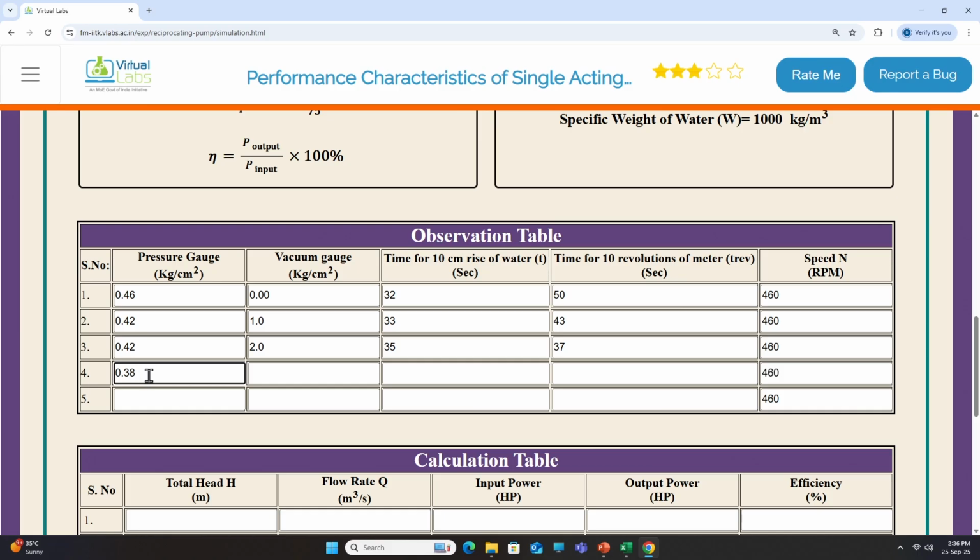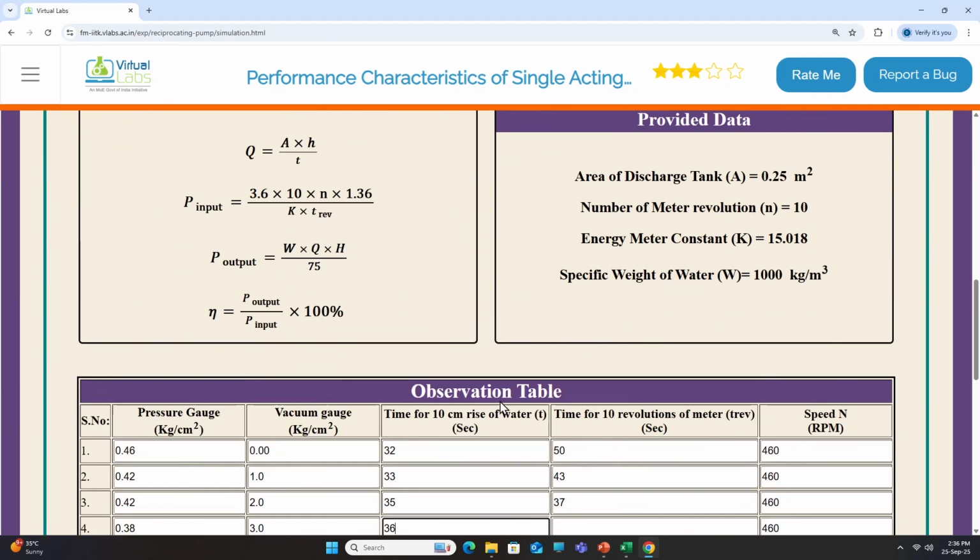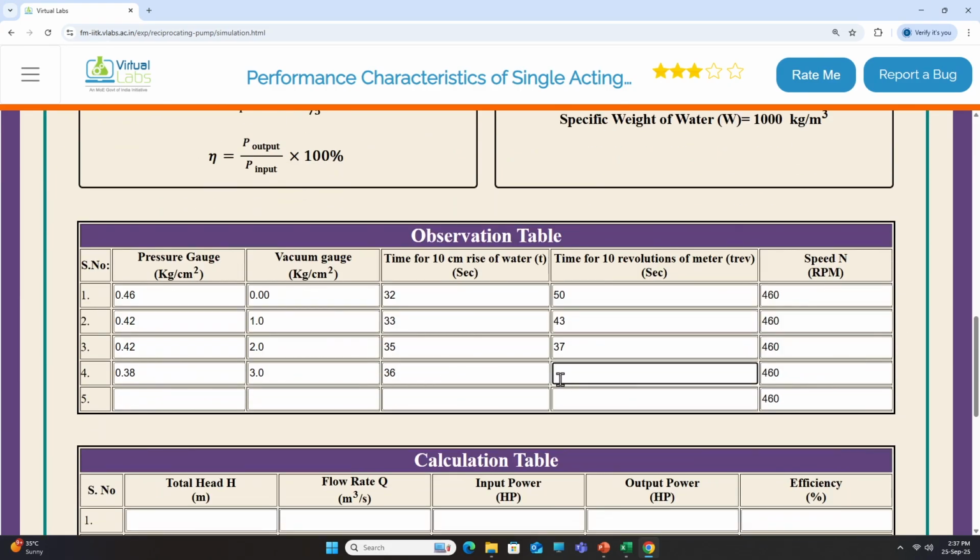0.38, 3.0 of vacuum gauge reading in kg per centimeter square, and it took 36 seconds, and next it took 29 seconds for 10 revolutions.